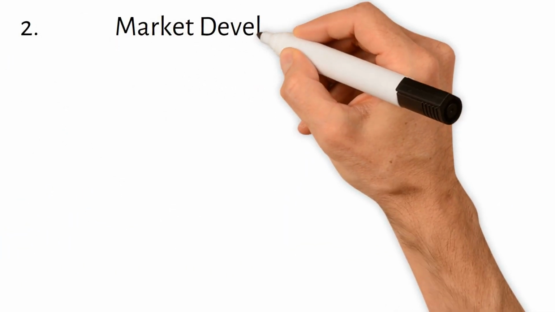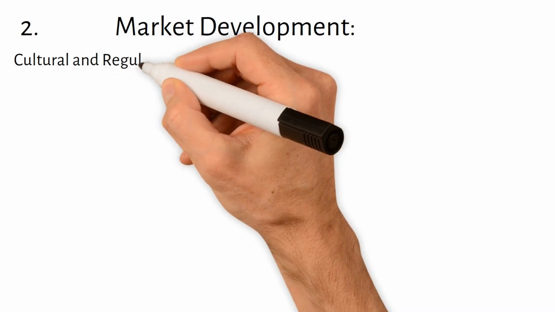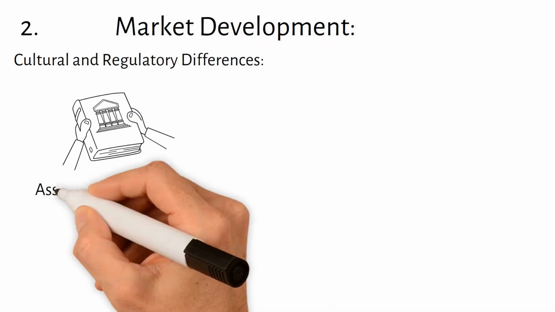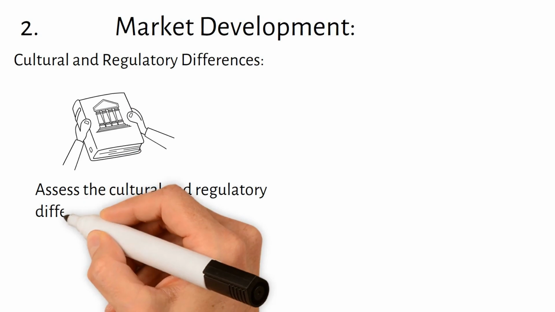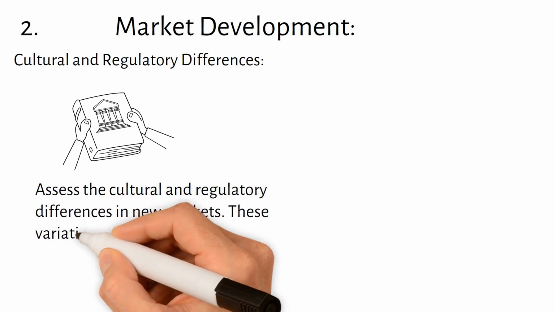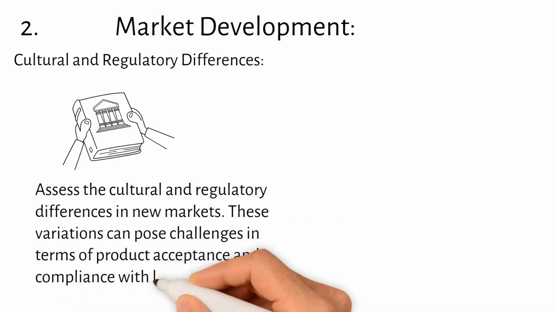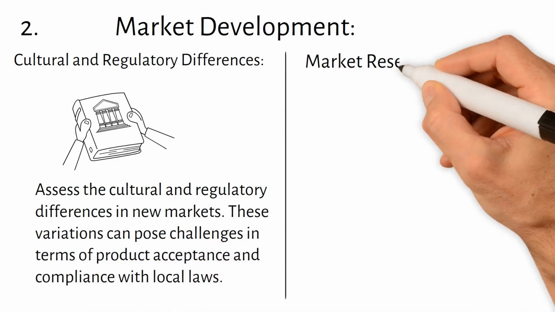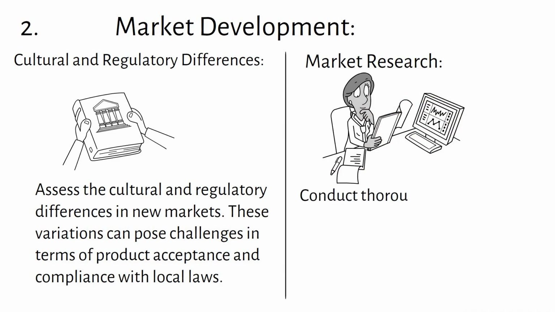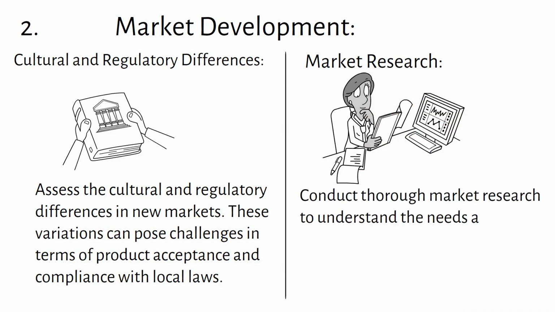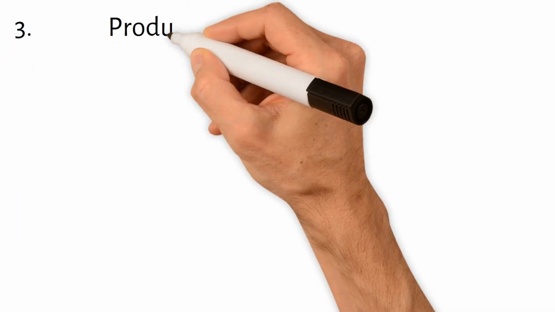2. Market development, cultural and regulatory differences. Assess the cultural and regulatory differences in new markets. These variations can pose challenges in terms of product acceptance and compliance with local laws. Market research. Conduct thorough market research to understand the needs and preferences of the new target audience. 3.